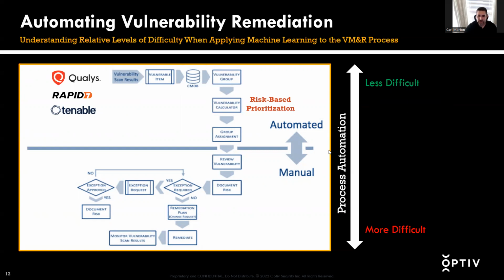Where it gets more difficult is if we go down in the diagram here to group assignments. That takes some intervention and planning, but you could certainly assign specific types of vulnerabilities, based on the asset groups that they affect, to a particular group that works on fixing those things.